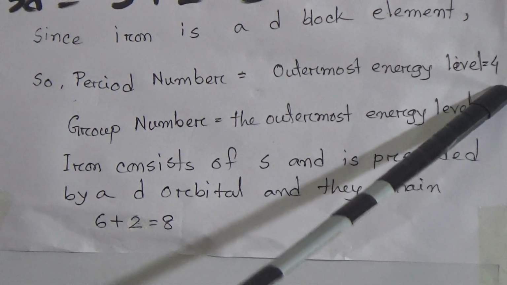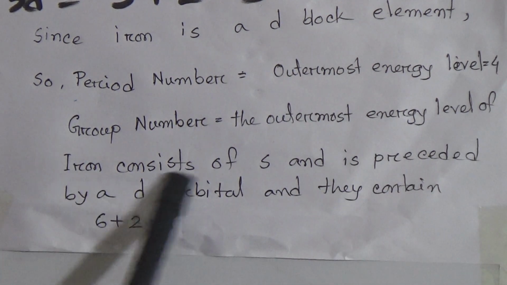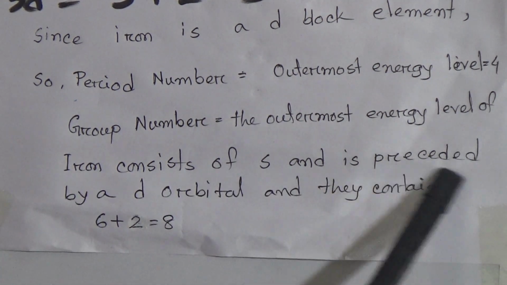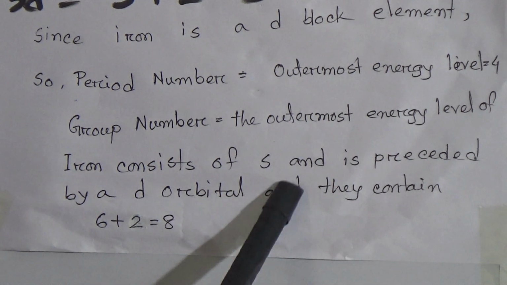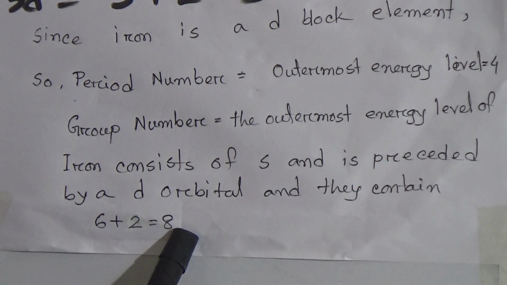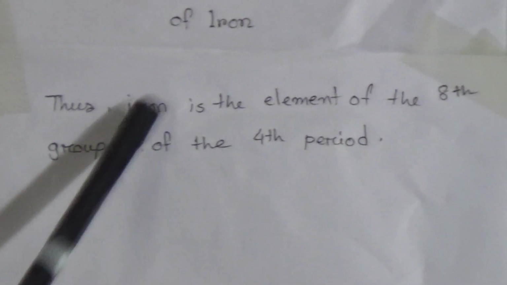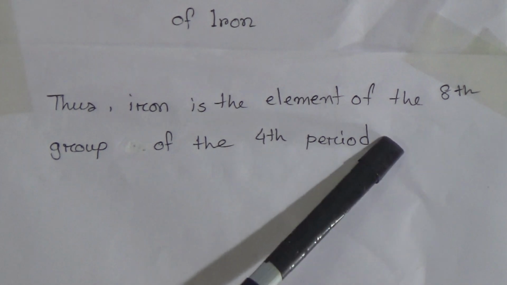So the period number of iron is 4. The group number: the outermost energy level of iron consists of s and is preceded by a d orbital, and they contain 6 plus 2, equal to 8. Thus iron is the element of the 8th group of the 4th period.